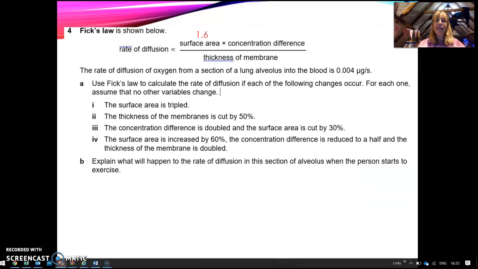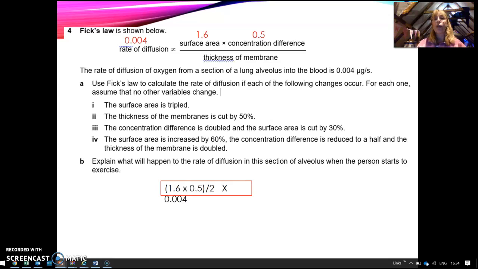Okay, the surface area is increased by 60%. So rather than it being 1, it's not doubled, which would be 2. It's increased by 60%, so we interpret that as 1.6. The concentration difference is reduced to a half, so that's 0.5, and the thickness of the membrane is doubled.